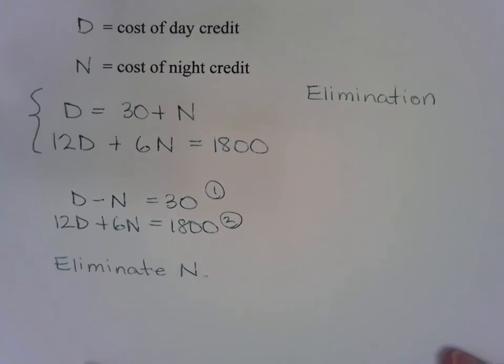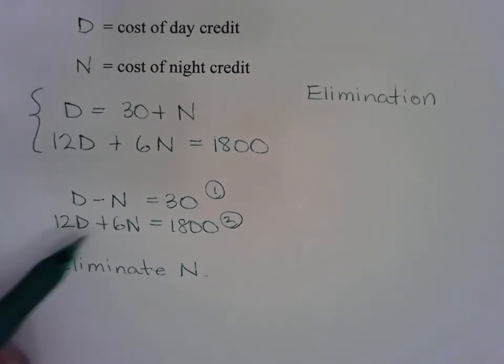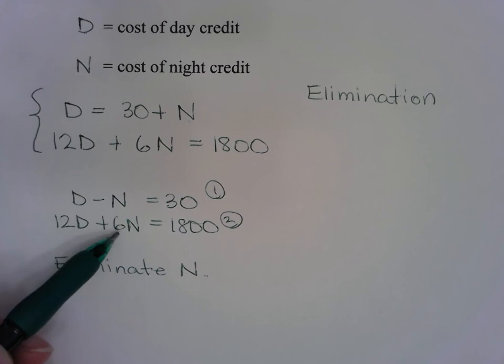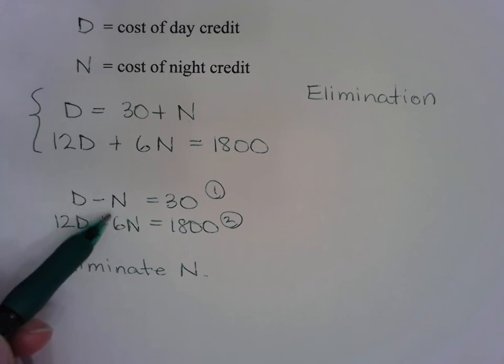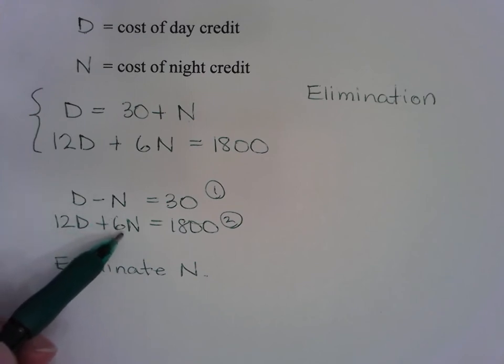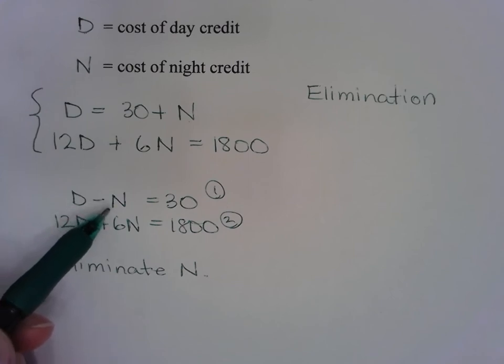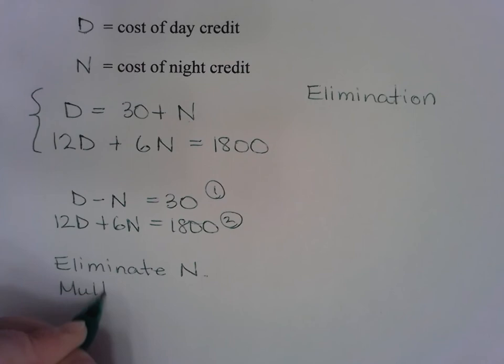What do I need to multiply by? If I want to eliminate N, I really want the numbers in front to be equal but opposite. So I have 6N. This one's already negative, so I'd really like it to be negative 6N. So I'm going to multiply equation number 1 by 6.